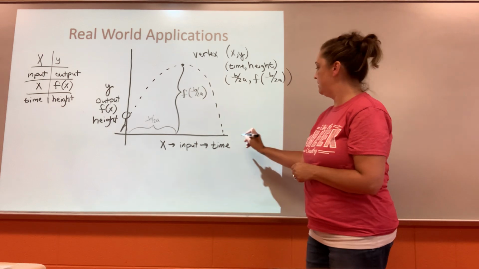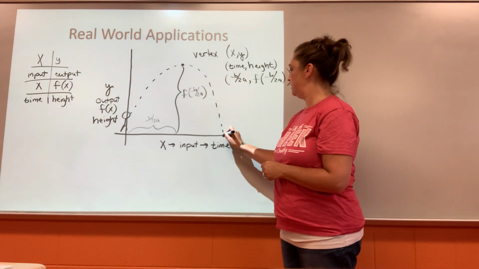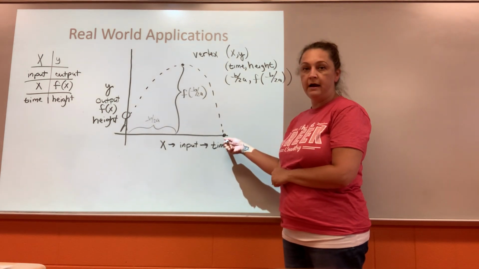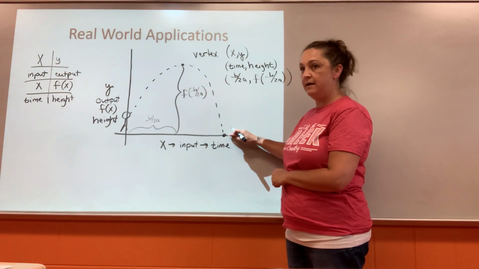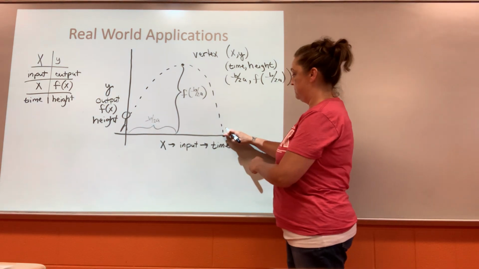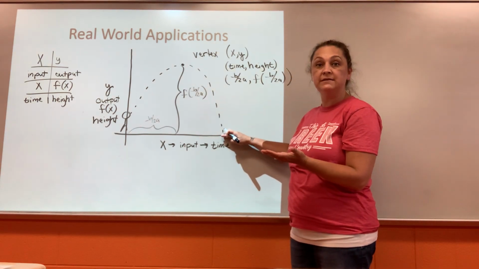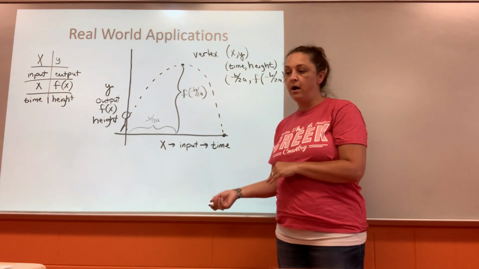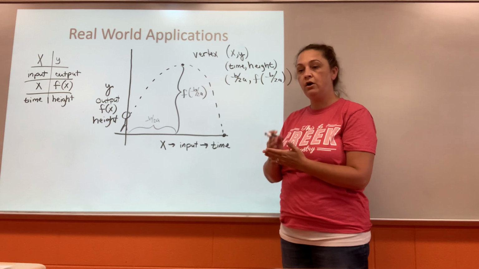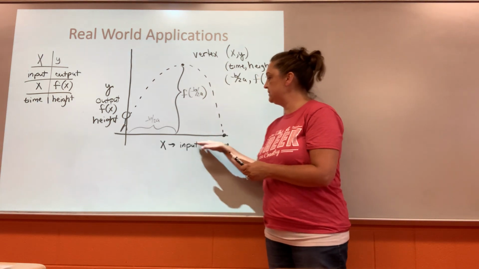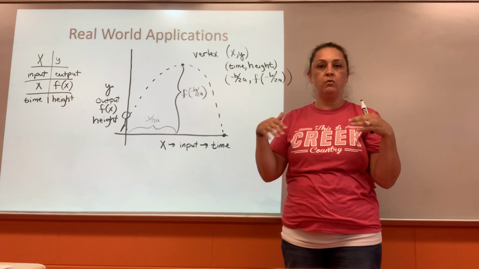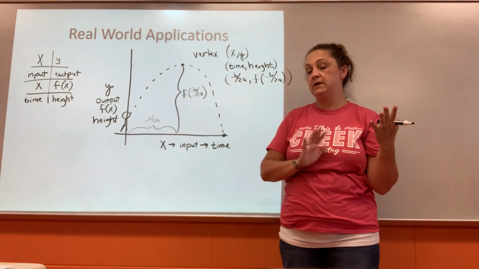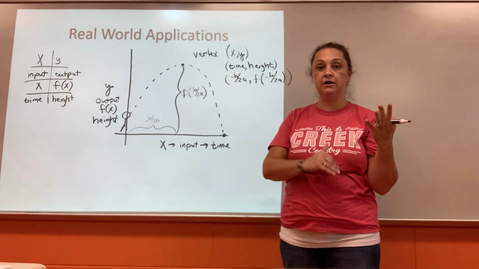Let's look at our roots right here. At this point on the graph, how high am I? I'm at ground level. I'm at 0. If some problem is asking you how long, so I'm solving for time, how long does it take for the ball, or fill in the blank, to hit the ground? If it's hitting the ground, it means it's got a height equal to 0.